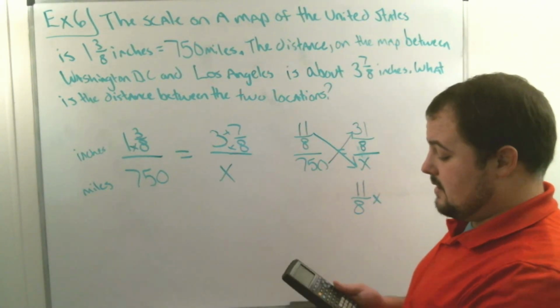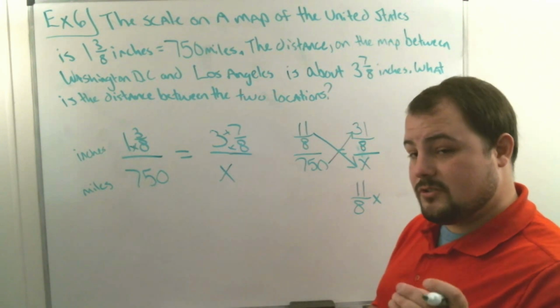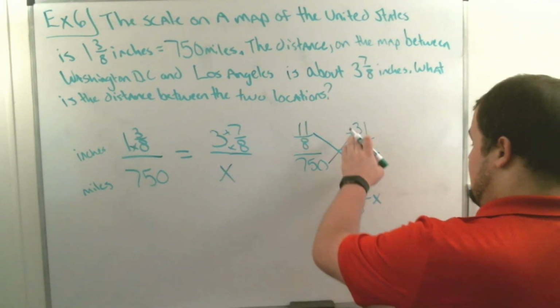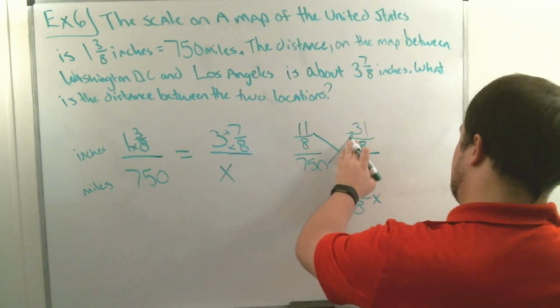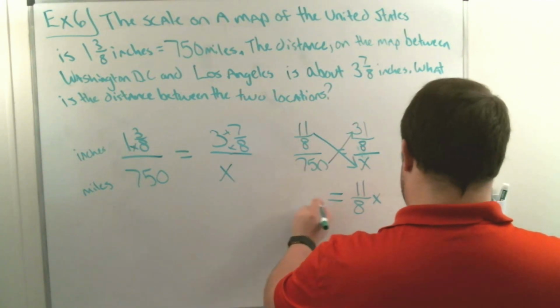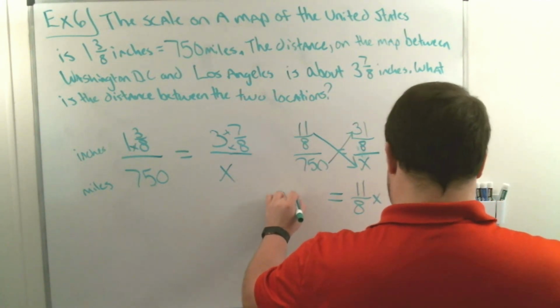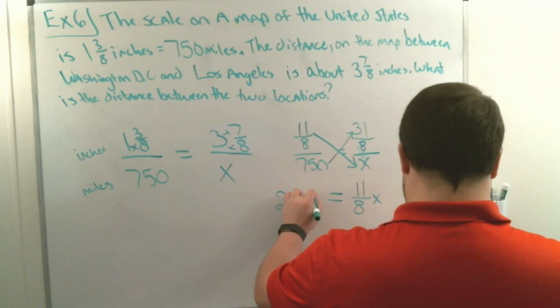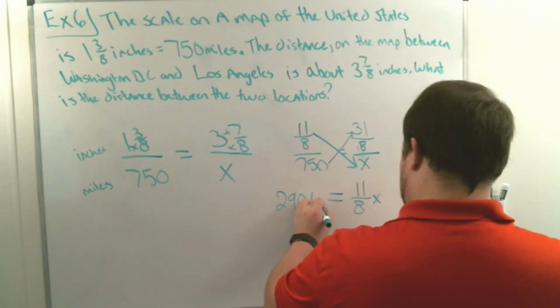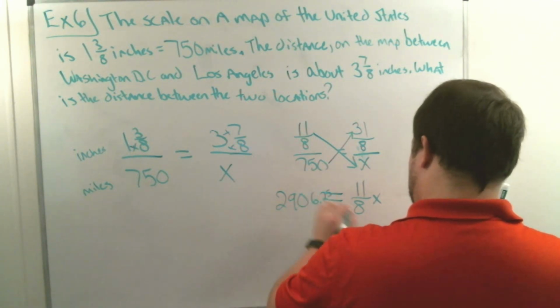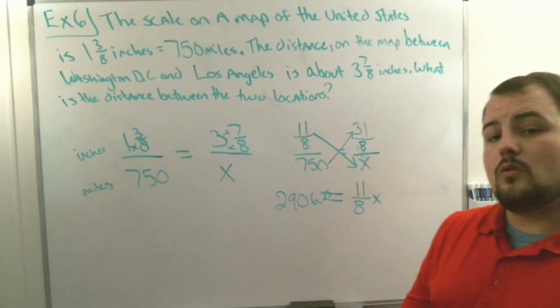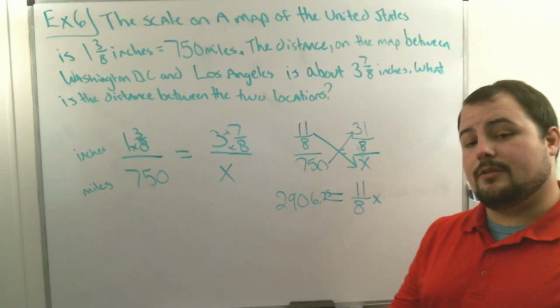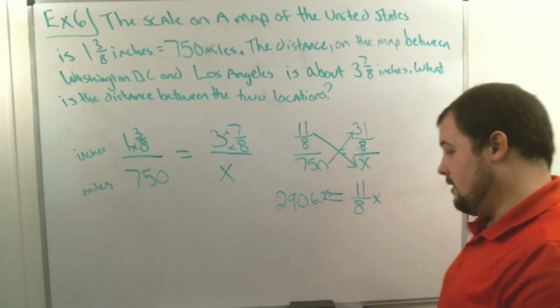I'm taking 750 times 31, getting 23,250, and then taking 23,250 divided by 8, and I get 2,906.25.